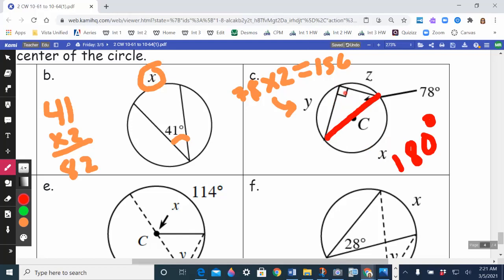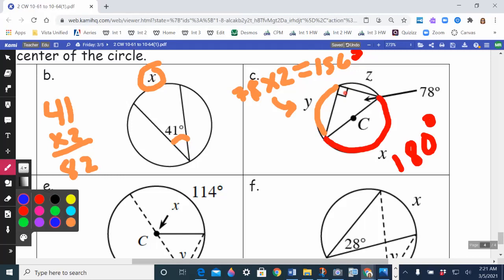I know that this one is 156 degrees, and I know that this is 180 degrees. So I can figure out the rest by taking 360 minus those.